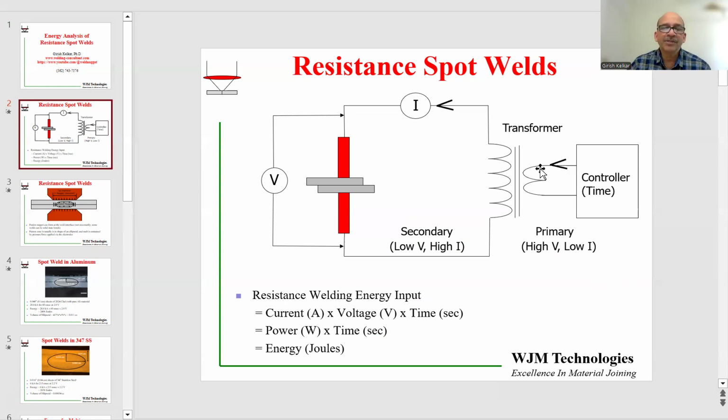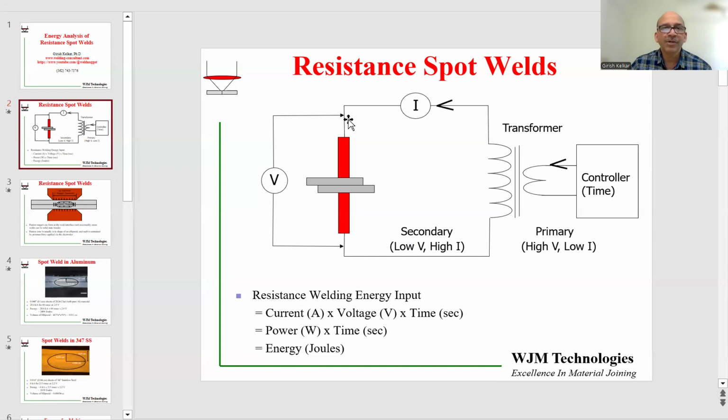The energy goes from the controller through a transformer where it is changed from high voltage low current to a low voltage high current signal, which goes into the secondary. And this high current pulse goes through the electrodes, through the parts being welded, back into the bottom electrode and comes back to the transformer.